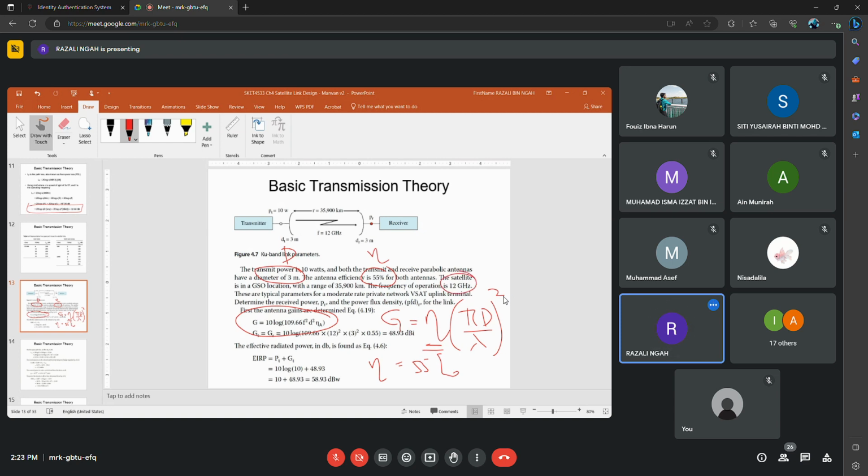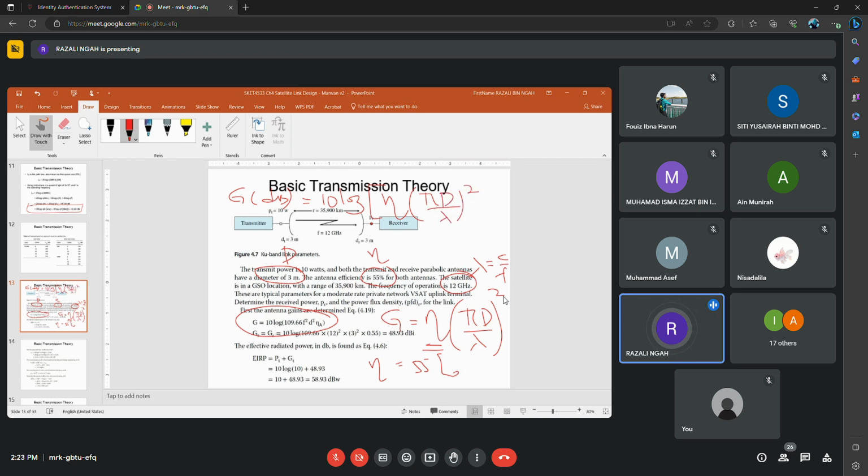So this you will get the lambda, C over F. Right. So this is in linear. In dB, you just simply take 10 log of efficiency times pi D over lambda.